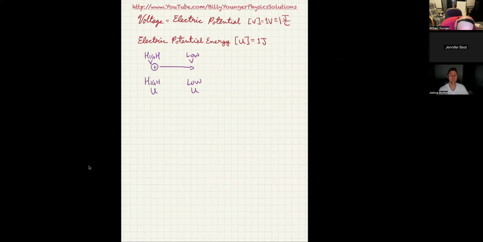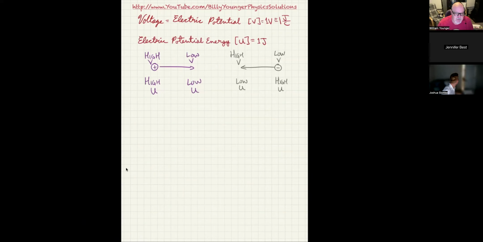Then we could also say a negative charge is going to move this way, and it's moving from low voltage to high voltage, but it is also moving from high potential energy to low potential energy. Okay, so those two pictures pretty much sum it up, and hopefully that's good enough to give you some idea of what we're talking about here.